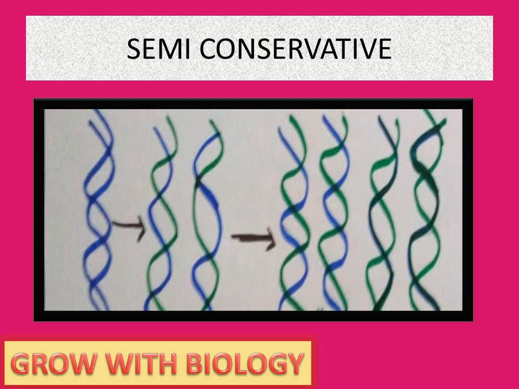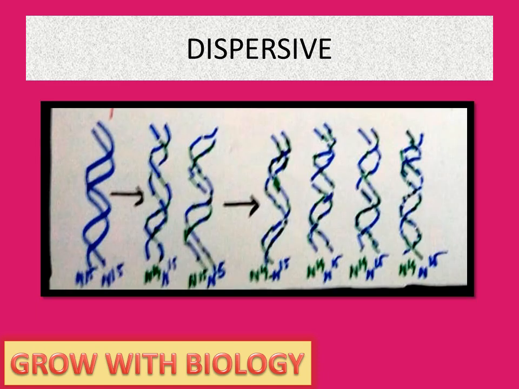In the second generation, again we find that onto the blue color strand there is synthesis of a green color strand, and onto the green color strand there is again synthesis of a green color strand. This is semi-conservative, meaning one strand will be parental and another strand will be the complementary strand.